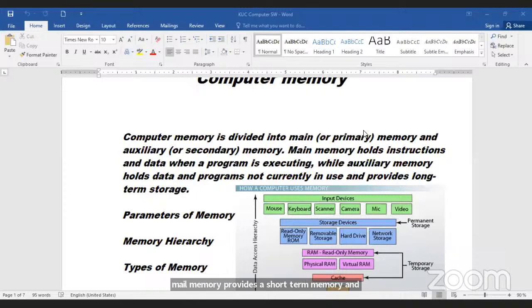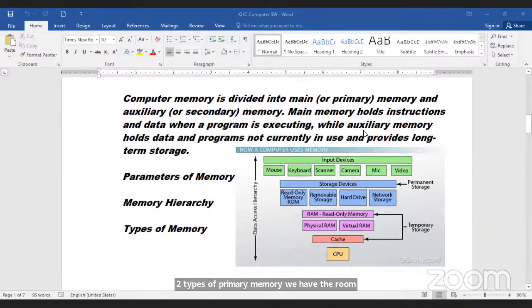And we were able to explain the characteristics of the main memory, the primary memory. We say that we have generally two types of primary memory: ROM and RAM.